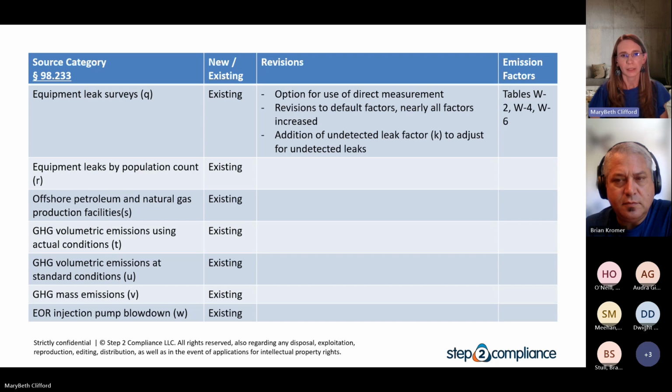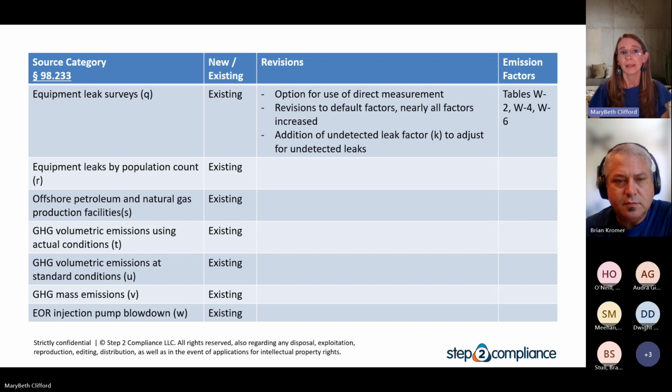But also significantly, they've revised the default factors, not only for OGI like they originally did in the 2022 amendments, but they've also now updated the default factors for Method 21 at a 500 ppm leak rate and at the 10,000 ppm leak rate.